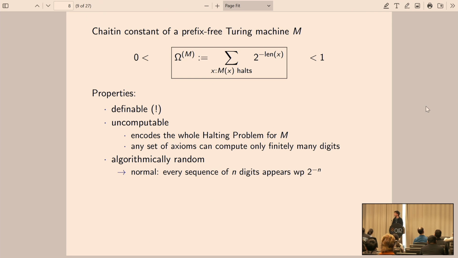First of all, it's uncomputable. And maybe you can see this by, this is really just encoding the answer to the halting problem for this Turing machine on all possible inputs. And the halting problem is really the classic undecidable problem. So that's why it's uncomputable.